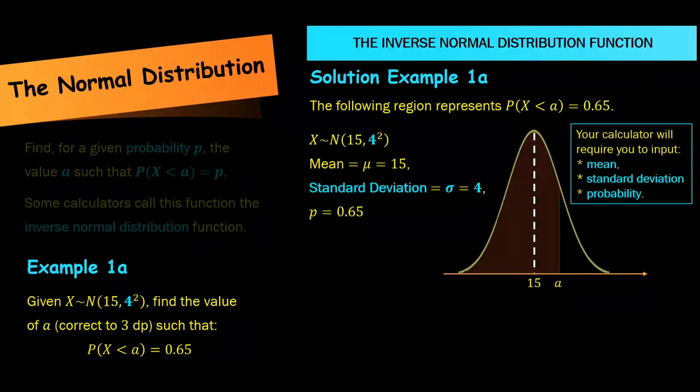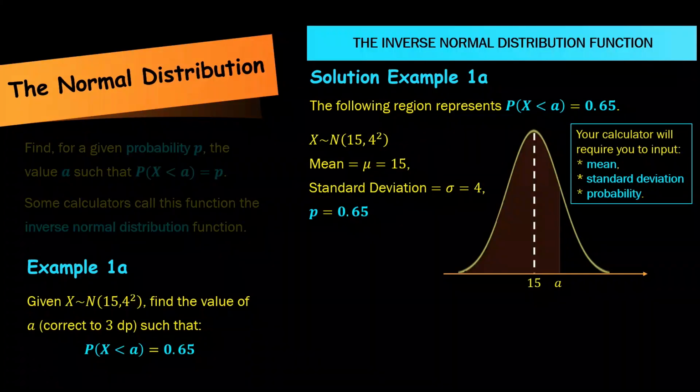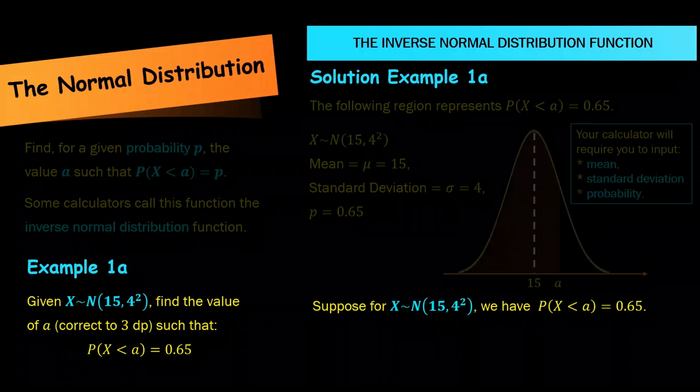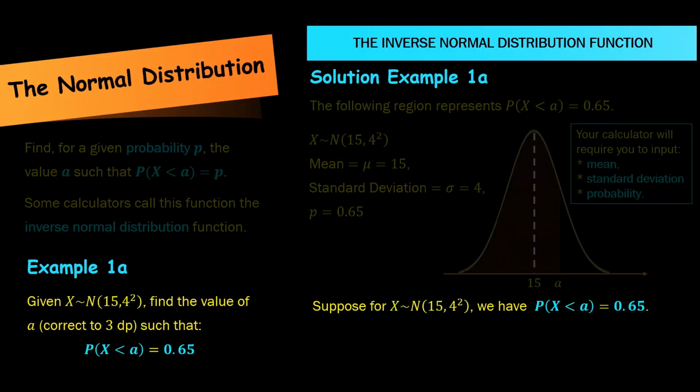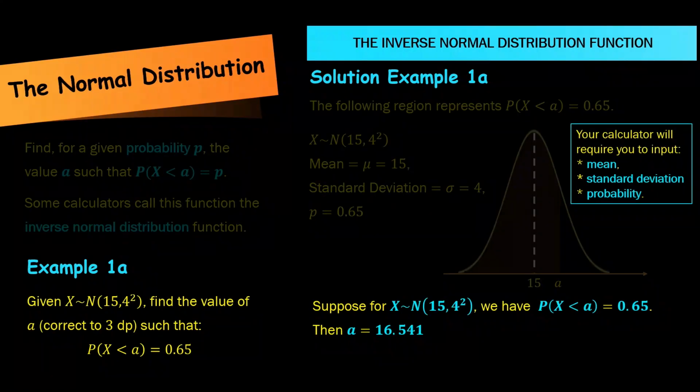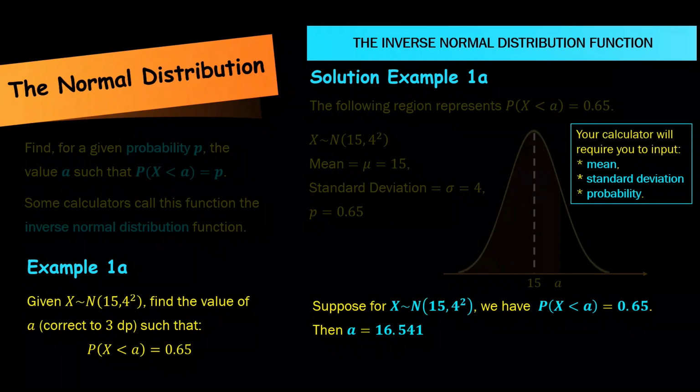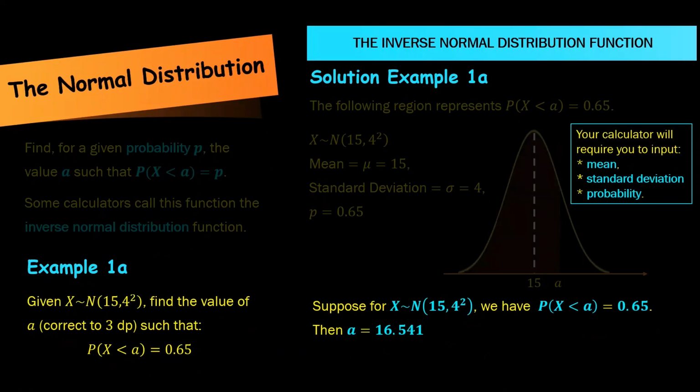The standard deviation is sigma equals 4. And the probability P is equal to 0.65. When inputting these values into your calculator, you should obtain that A is equal to 16.541.